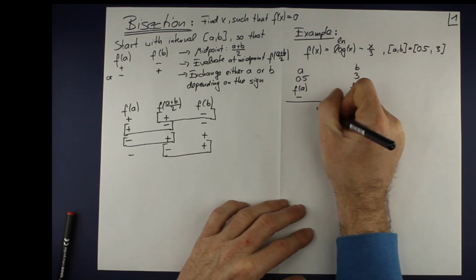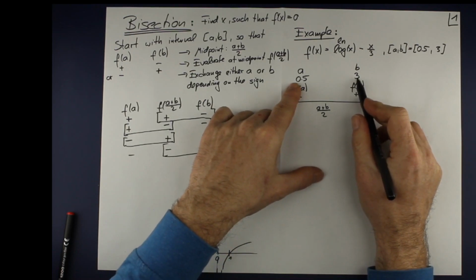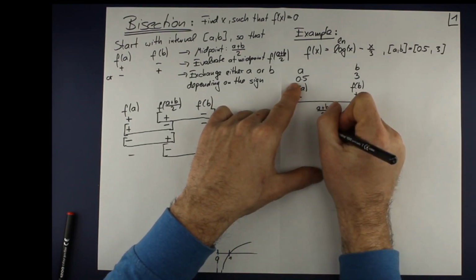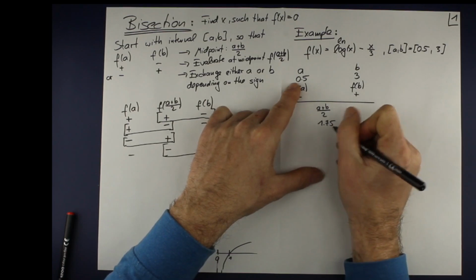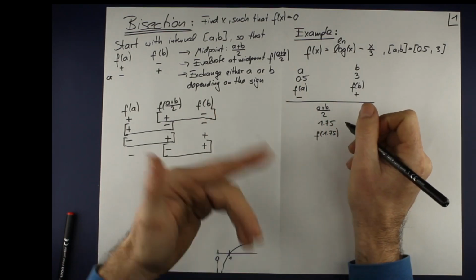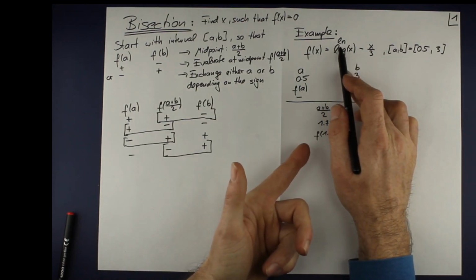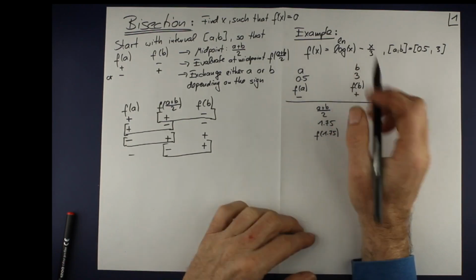Then the midpoint, (a plus b) halved, in this case 3.5 divided by 2, this is 1.75. Then evaluate at that point, and if you use your electronic calculator, you find out this is a negative number.